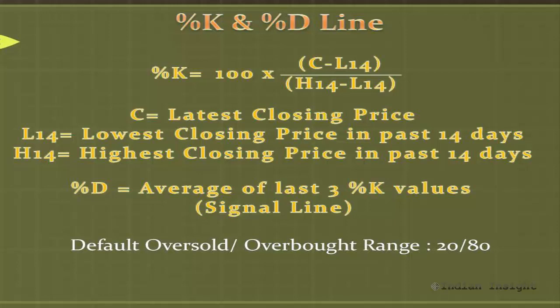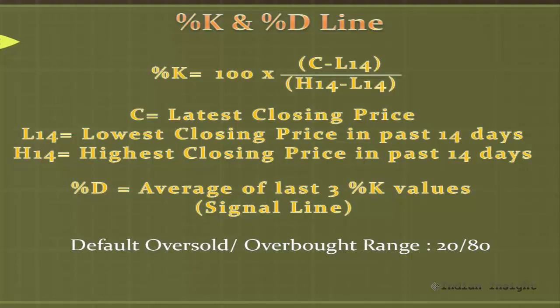This line is actually called the signal line, because when the %K line crosses the %D line, it has some implications. %K is the faster moving line. The %K value means that the latest closing price was in the %K percentile of the high-low range.